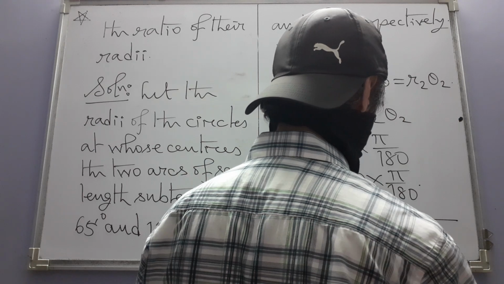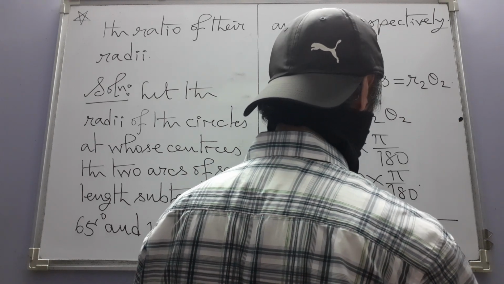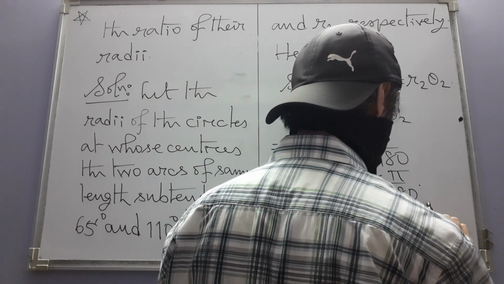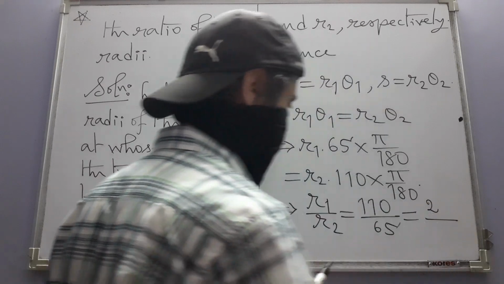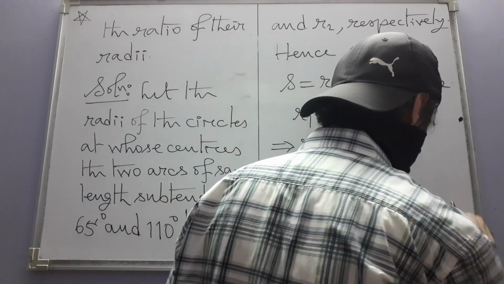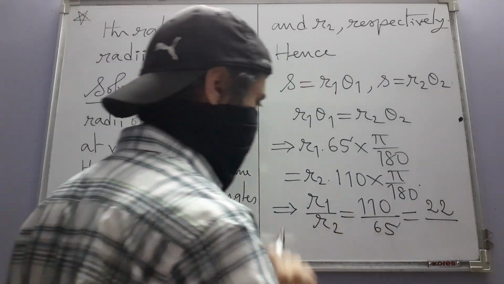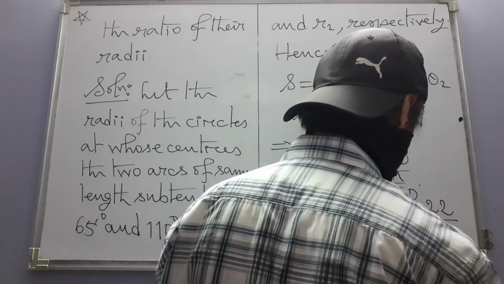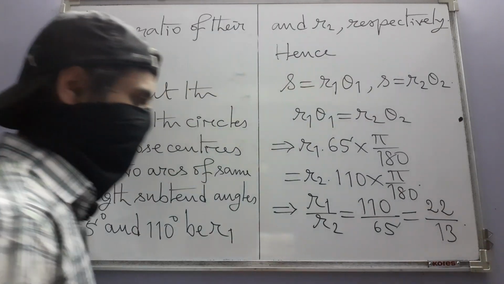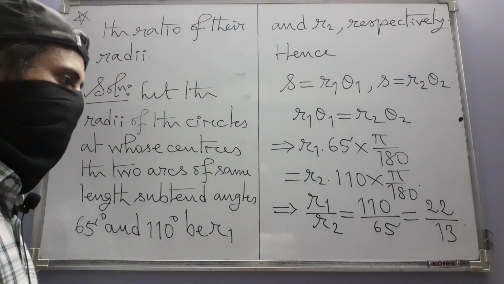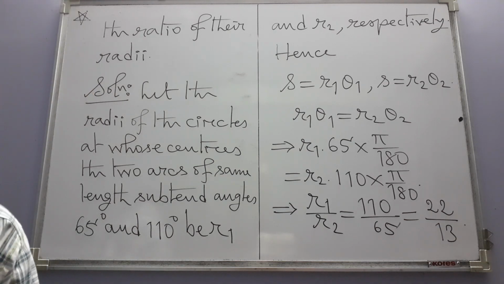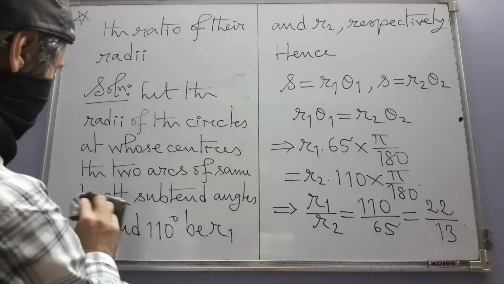If I divide the numerator by 5, 5 times 2 is 10, another 2, so 22, and dividing the denominator, I get 13. So the ratio of the radii is 22 is to 13.